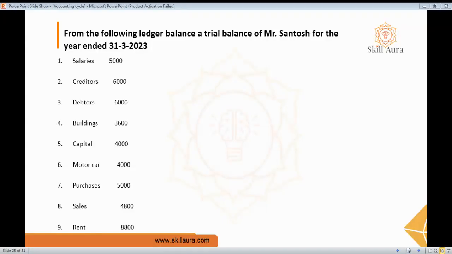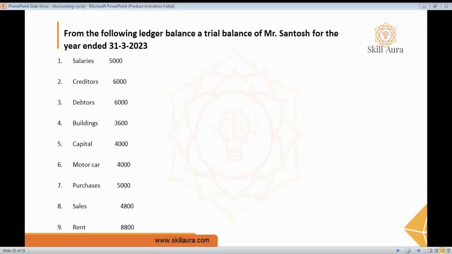When you have the total of the debit column and the total of the credit column, you have to get the same amount, which should be equally balanced. So salary will always come in the debit column, and credit will come in the credit column, debtors will be in the debit column, building in the debit column, capital in the debit column, and also the motor car and purchase in the debit column, sales in the credit column, and rent in the credit column.